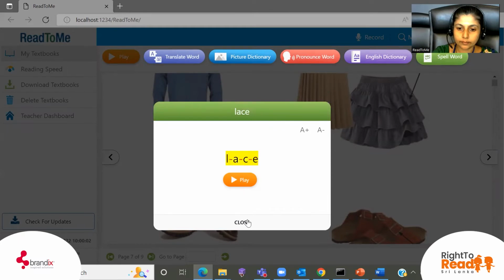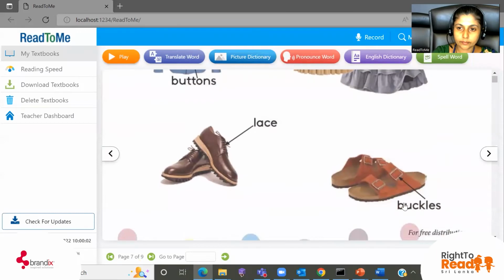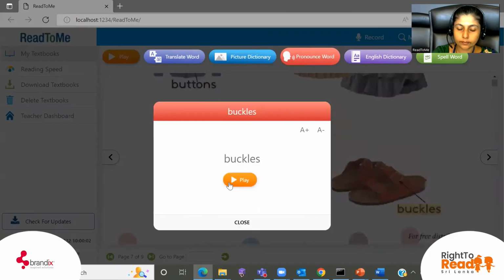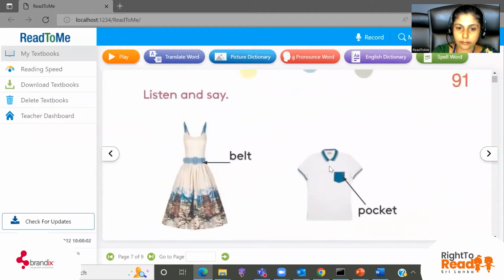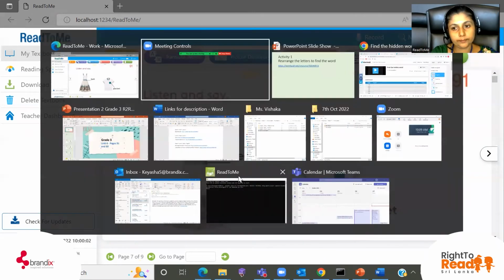L-A-C-E, lace. Buckles. B-U-C-K-L-E-S, buckles. Okay, now these are the parts of these things. Let's move on to the activity now.